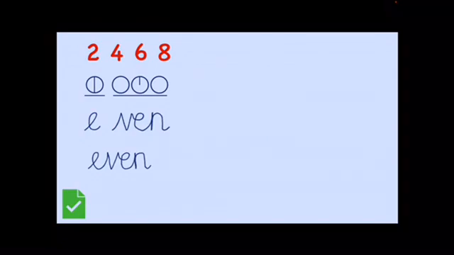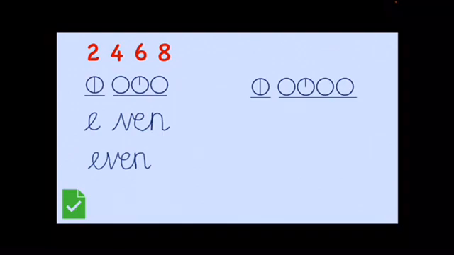So, event. E-vent. I can hear E, a long vowel sound in that first syllable, and then I can hear V, E, N, T. Let's think of the letters we need.